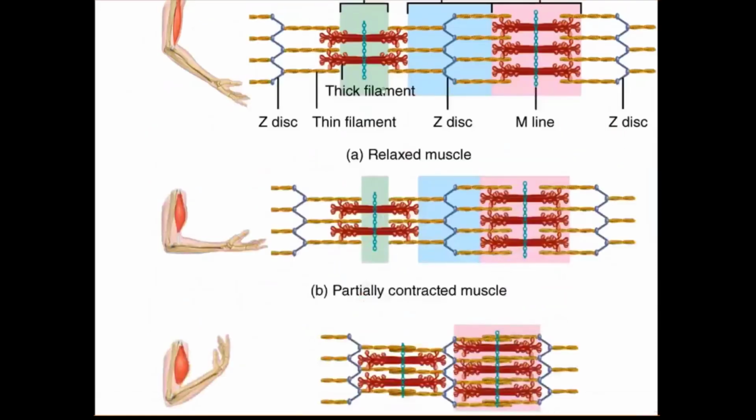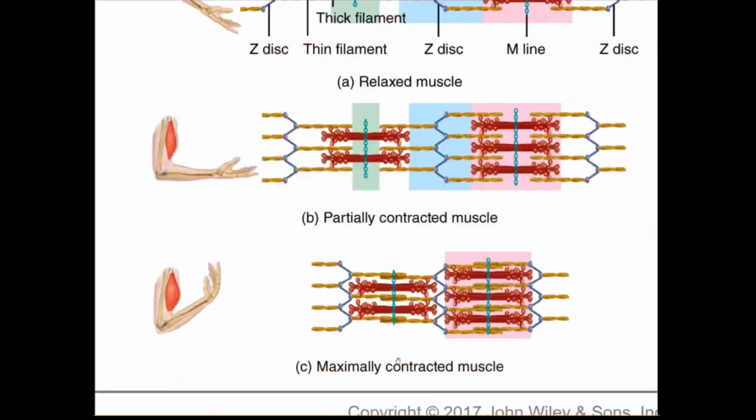That H zone disappeared. That area where there were only thick filaments doesn't exist anymore in a fully contracted muscle, right? So this illustrates the idea of the sarcomere being in a fully contracted state, which results in your muscle being in a fully contracted state.